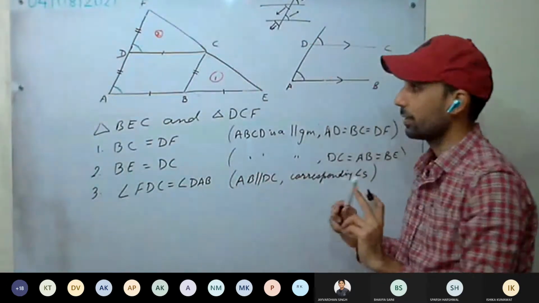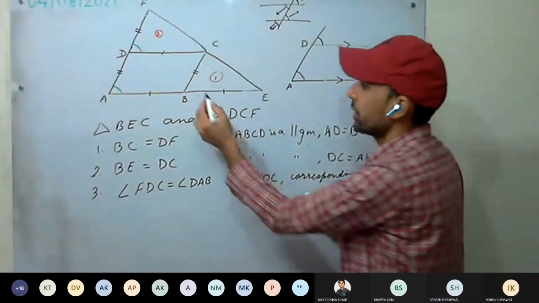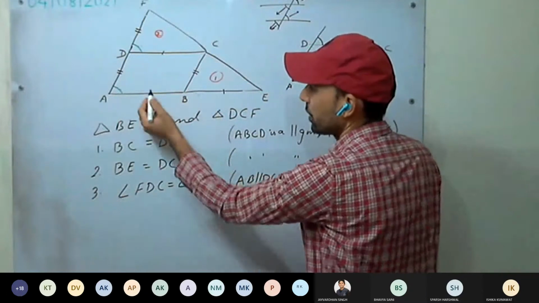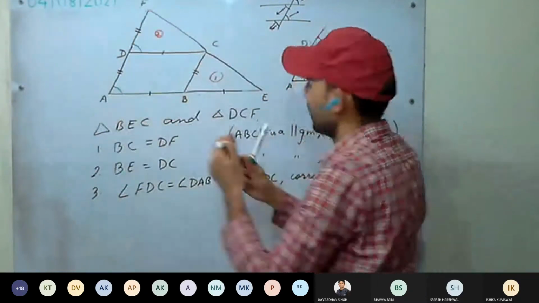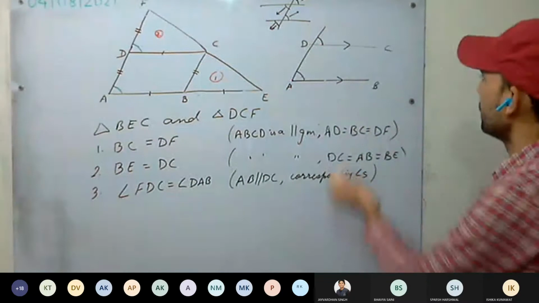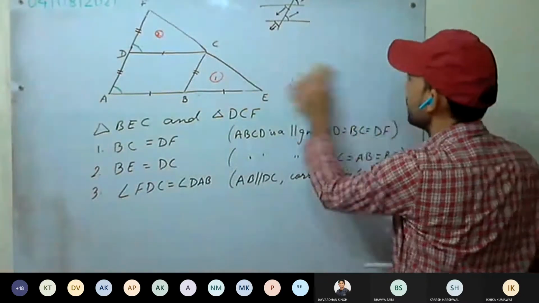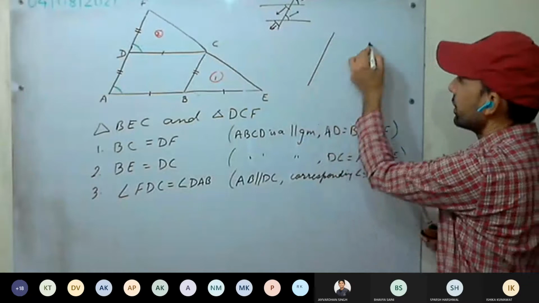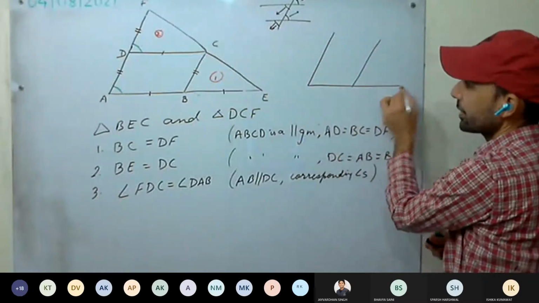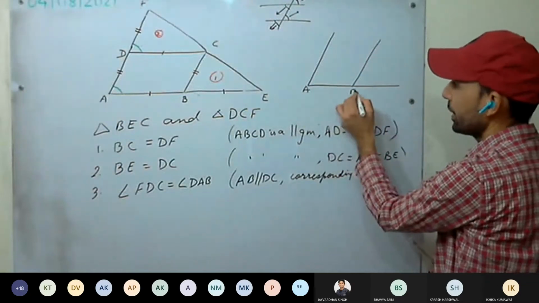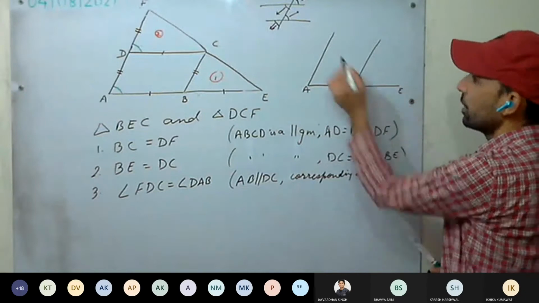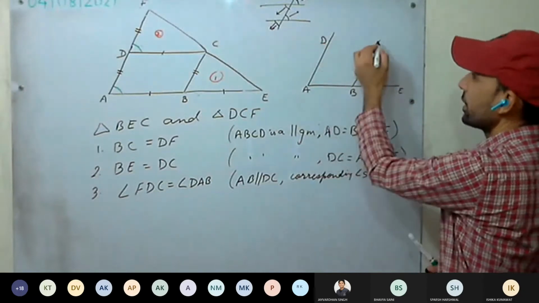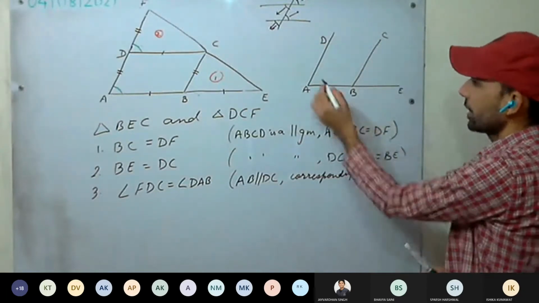Okay, this is fine. Now what you have to prove? These two angles are equal. Since these two are also parallel, this time what are we taking? These two are parallel and the third side is cutting. A, B, here is E, and here we have D. Here we have C. Okay.